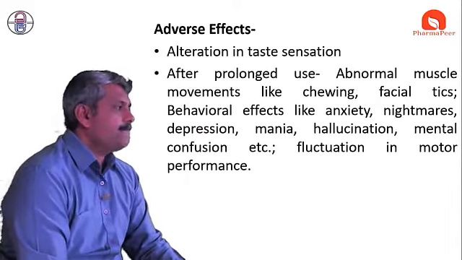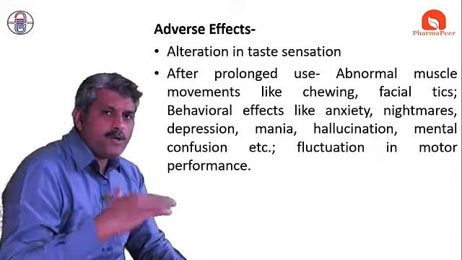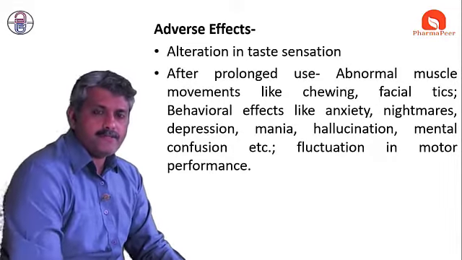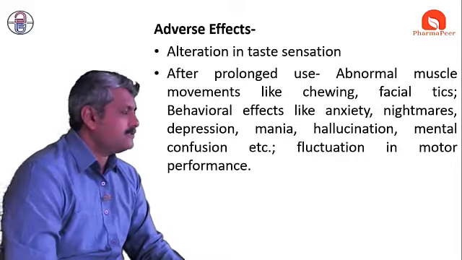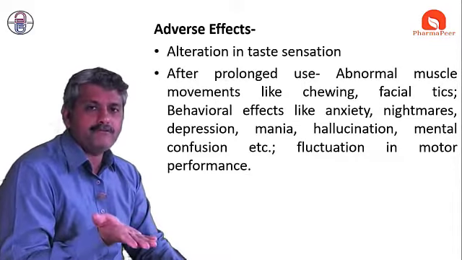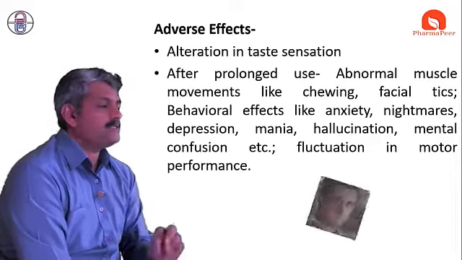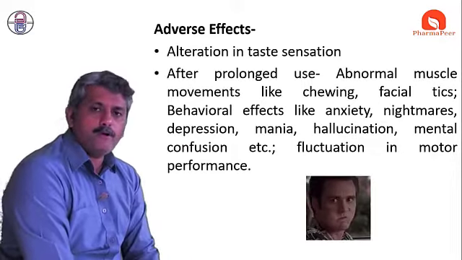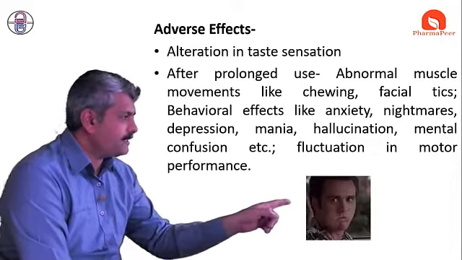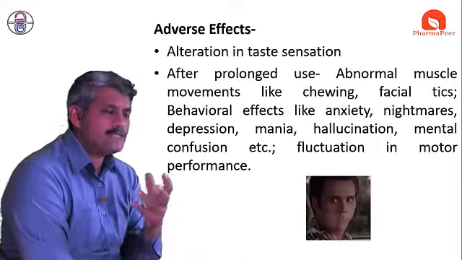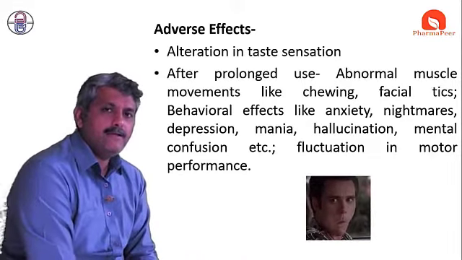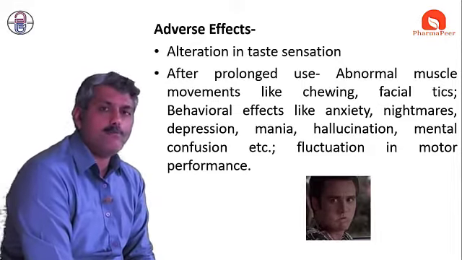Behavioral changes occur after prolonged use of such medicines for the treatment of Parkinsonism, or with an increase in the level of dopamine. It gives some effects like abnormal muscle contraction. With abnormal muscle contraction, the patient has a typical effect, a chewing-like feeling or chewing-like movement.